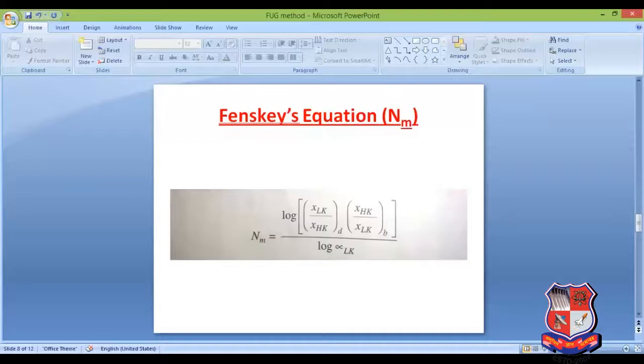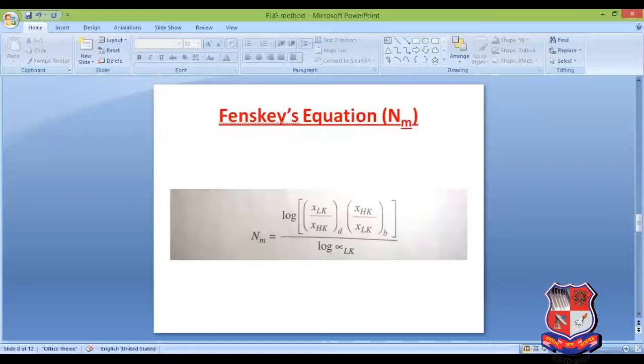So this is the equation: Nm is equal to log of xlk upon xhk in the distillate D, that means the mole fraction of light key to the mole fraction of heavy key in the distillate, into xhk upon xlk in B, B meaning residue. That means the mole fraction of heavy key divided by the mole fraction of light key in the residue.